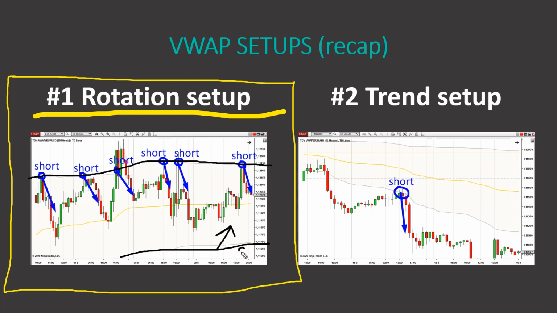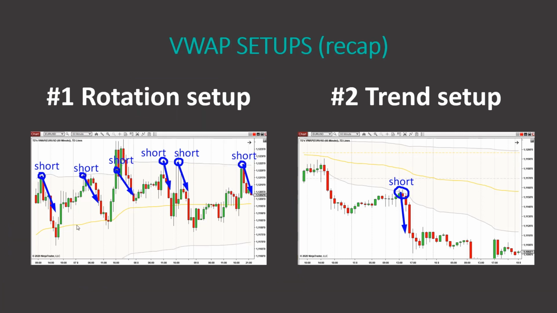So this is a support, you want to go long from there. This one is a resistance, you want to go short from there. VWAP is the magnet. VWAP is the take profit. Well, it doesn't need to be the take profit. I don't really like to set a hard rule to that, but it is a good idea to place your take profit at the VWAP.